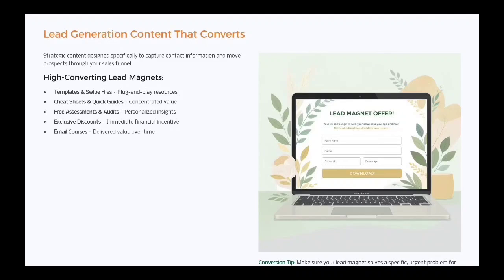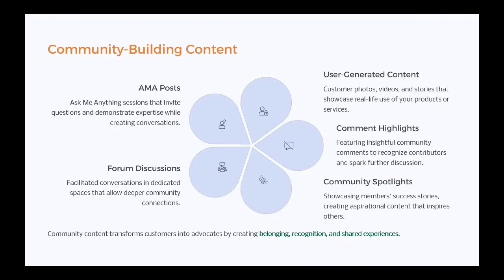But it's an exchange. So some of the things that are good high converting lead magnets include templates and swipe files, cheat sheets and quick guides, free assessments and audits, exclusive discounts, and email courses delivered over time. I'm not going to get into this too much, but there's community building content. So that transforms customers into advocates by creating a community, a group where there's belonging, recognition, and shared experiences. So you would need to create content for that group.